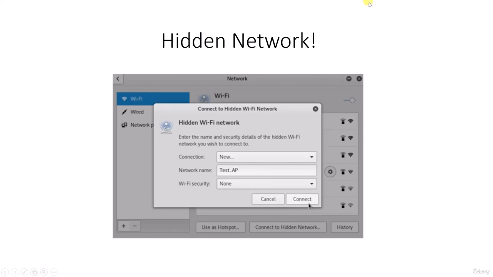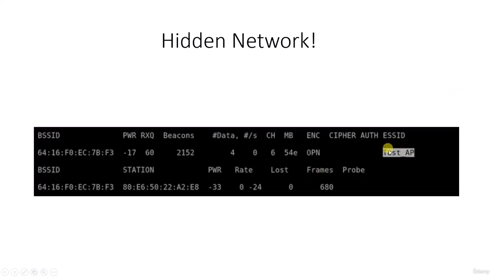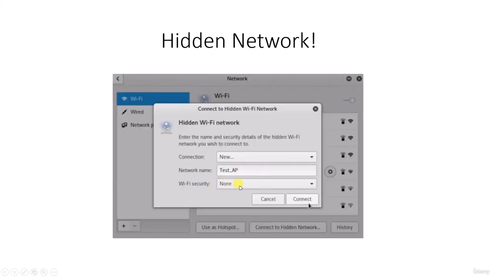In this connection we will set it as new, and in the network name we put test_ap, because our hidden network name is test_ap. You can select your Wi-Fi security like WEP or WPA or WPA2 here, but as our hidden network's security is none, we will just select none.